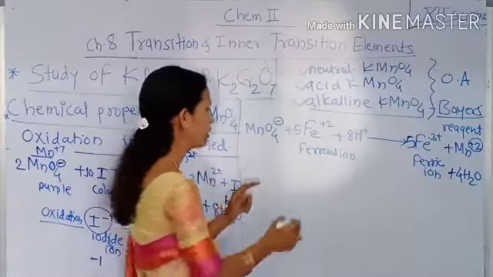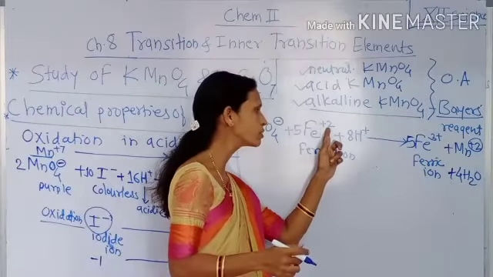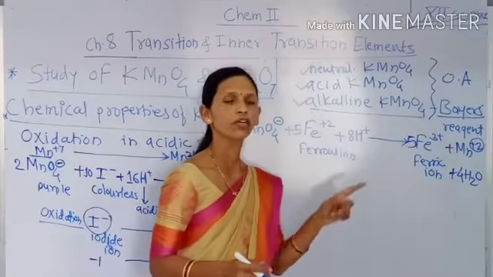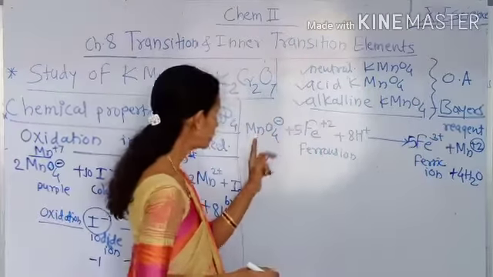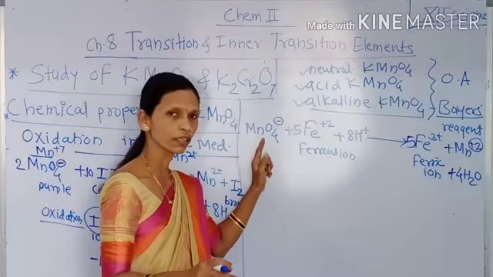That means here the Fe2 plus ion is converted into the Fe3 plus ion, so the oxidation state of iron increases. That means it undergoes oxidation, while at the same time potassium permanganate undergoes reduction.